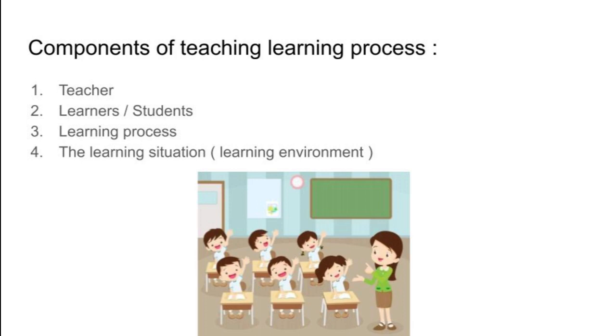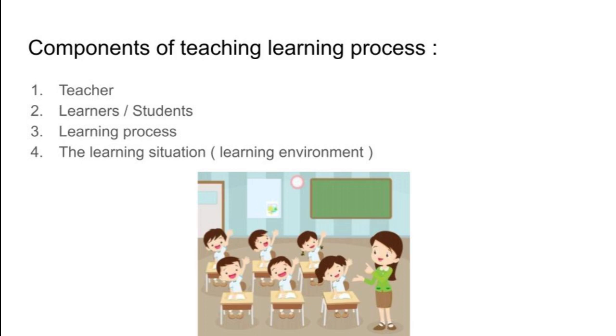And meanwhile, you can see that an environment which is an educational environment develops during the teaching learning process. And teaching learning process is going on and students are getting information, acquiring knowledge to fulfill educational objectives.